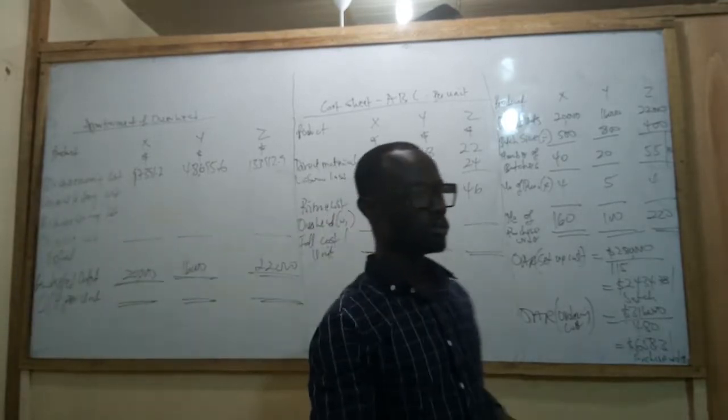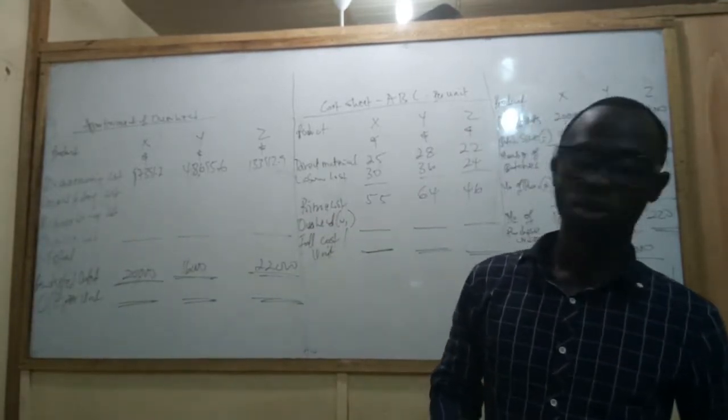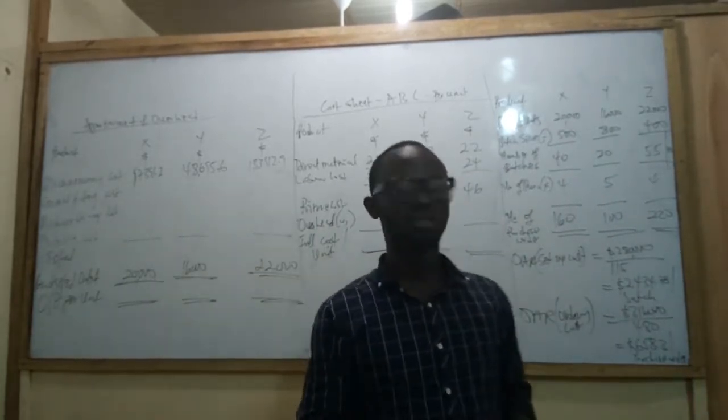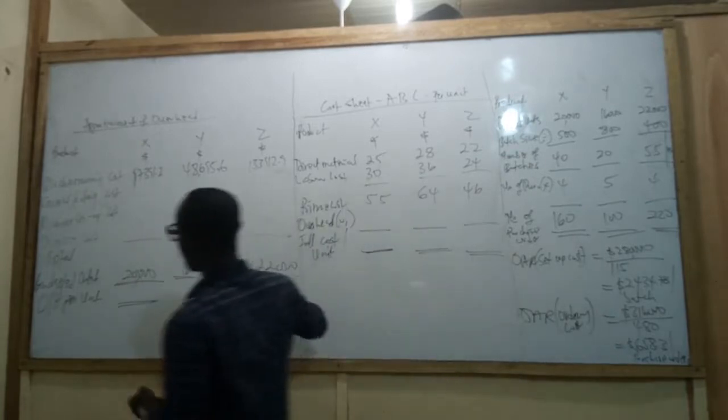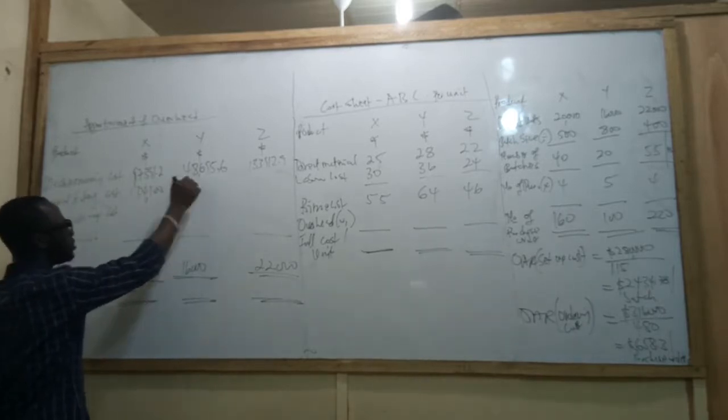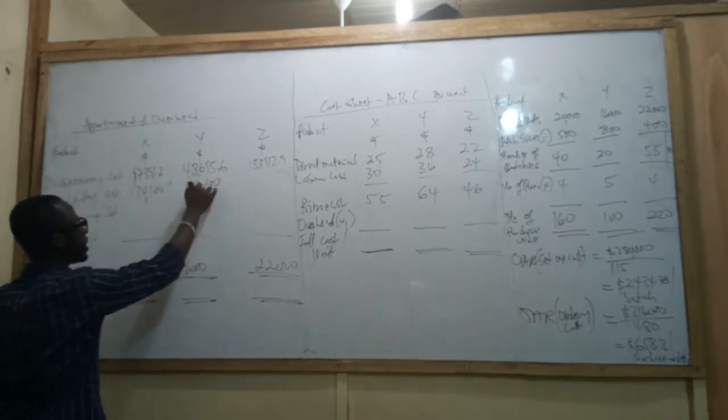Total. So multiply. Edwina, do you understand? 134. Multiply for Y. Multiply for Z.